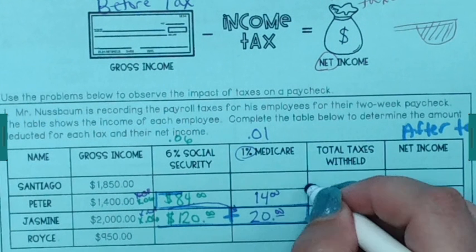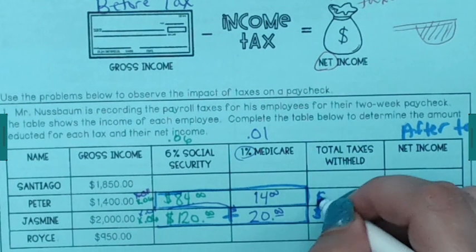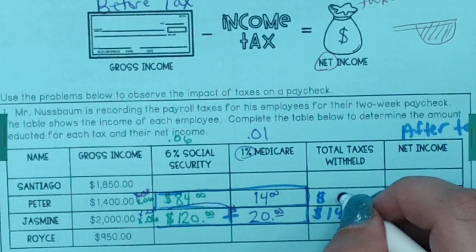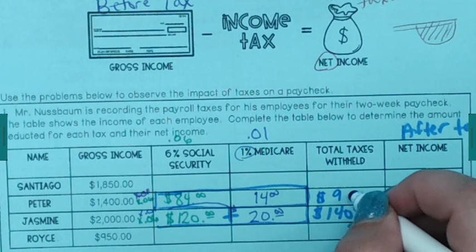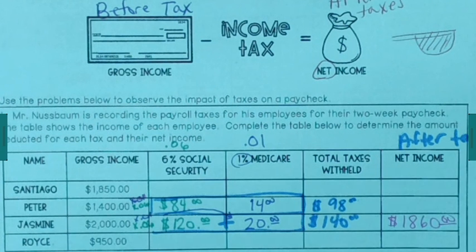Now these are my deductions, so I want to know how much first. Add them up. 84 plus 14 is? $98. Good. And then how do I get the net income?